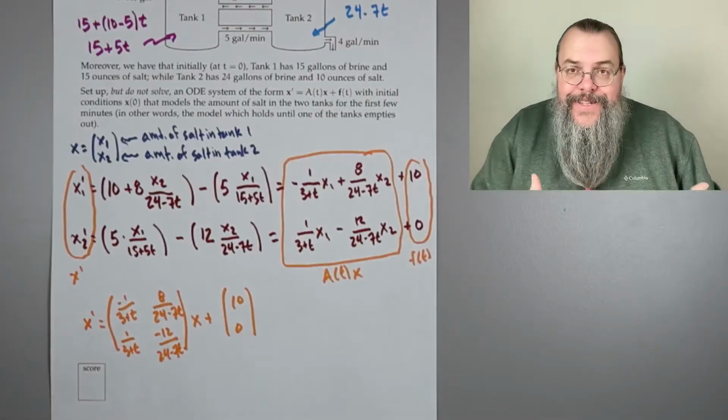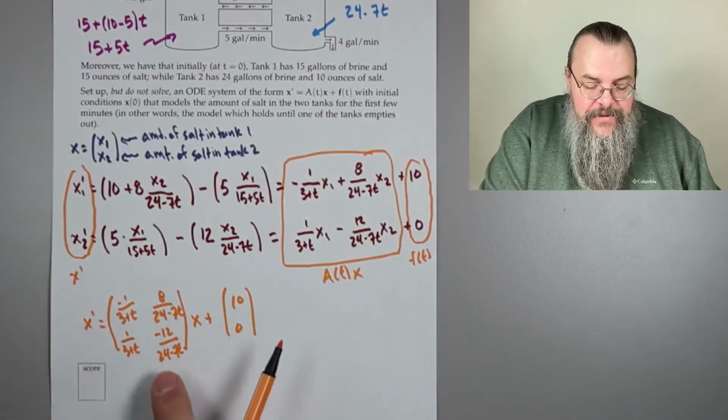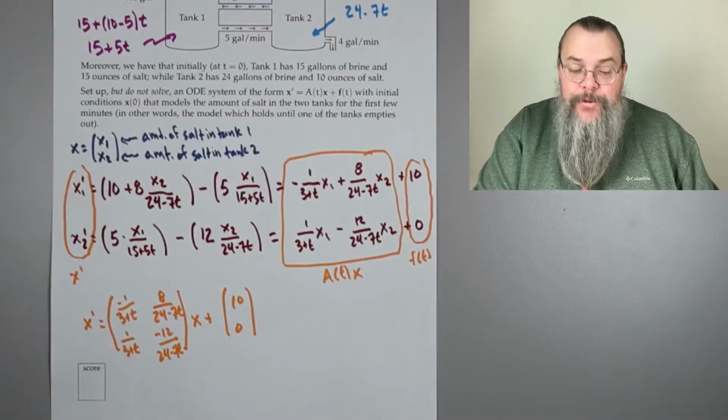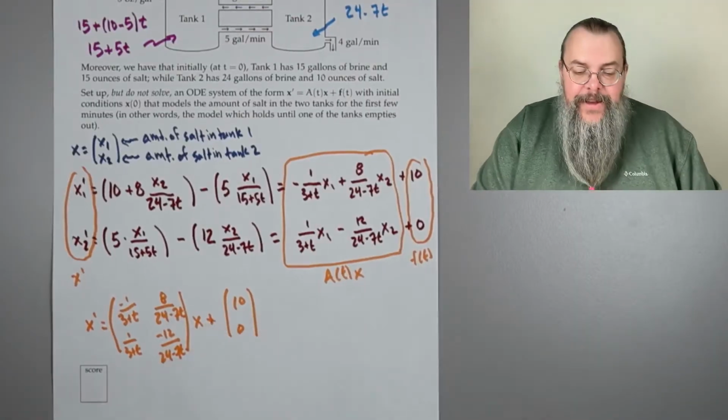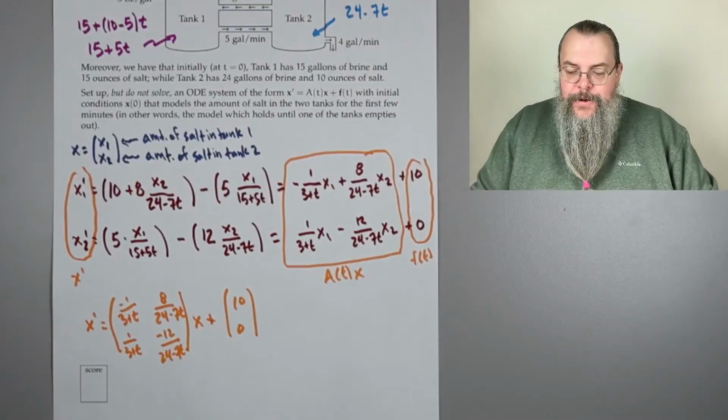All right, that's our system. x prime equals a of t x plus f of t. Cool. Nice. Wonderful, wonderful.